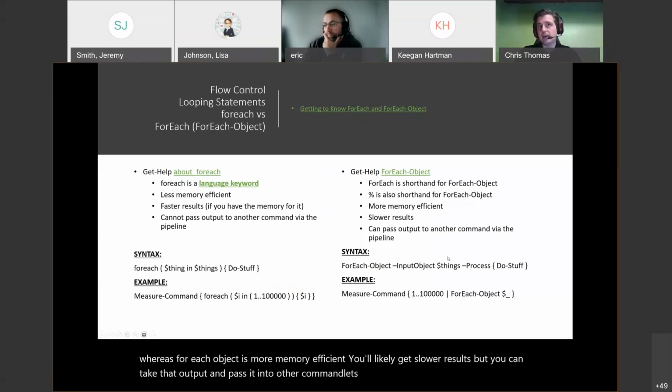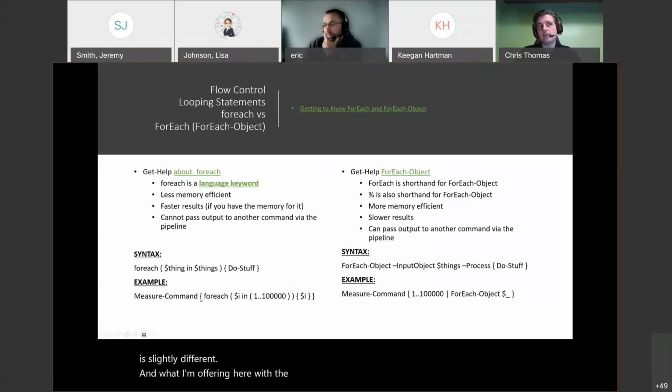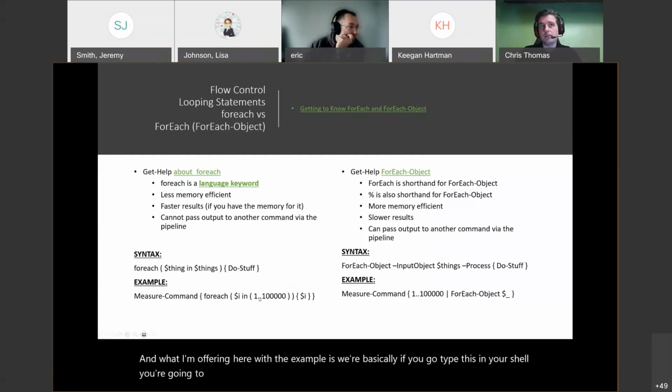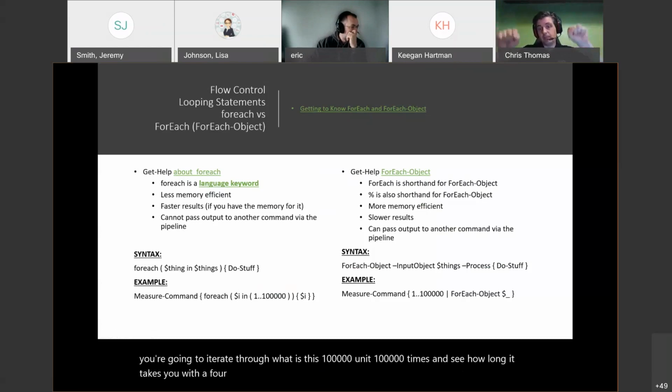The syntax is slightly different, and what I'm offering here with the example is, if you type this in your shell, you're going to iterate 100,000 times and see how long it takes you with a foreach and a ForEach-Object loop, and your timing will vary. Depending on the size of your organization or potentially the specs on the machine that you're running the script on, that may impact which one you may want to use.